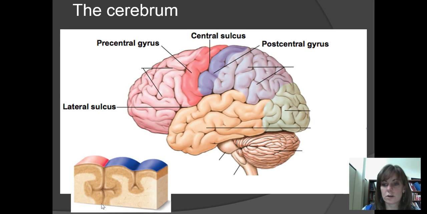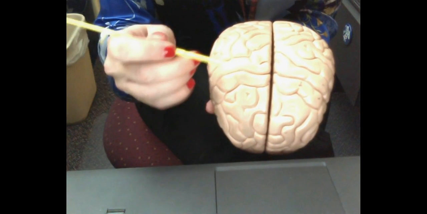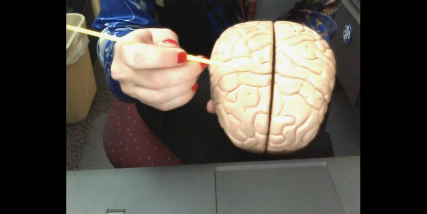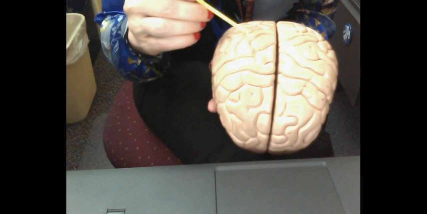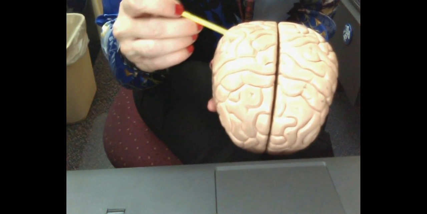Let me show you on the brain model where you would find these terms. What we're looking at here again is the cerebrum. You may notice here's a shallow little groove coming across here. There's a whole bunch of them, all of these shallow little grooves. Each one of these is going to be a sulcus.